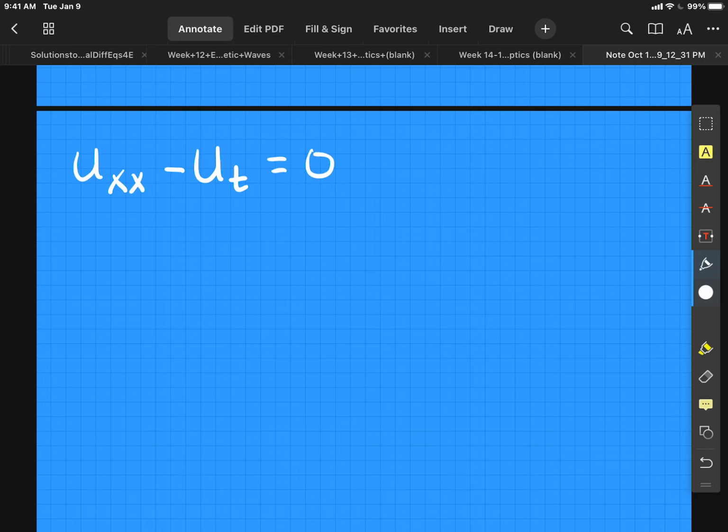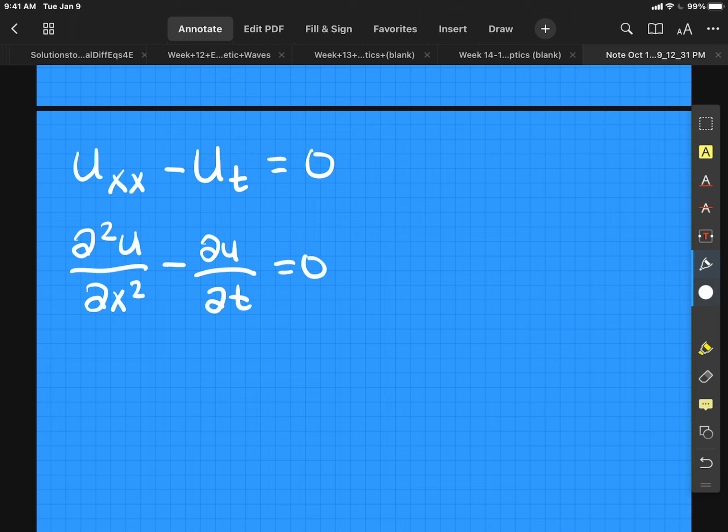If we write this in our differential form, this will essentially be the same thing as partial squared u over partial x squared minus partial u over partial t is equal to 0. Again, these are the exact same. These are equal.